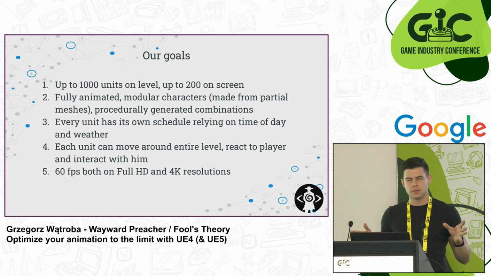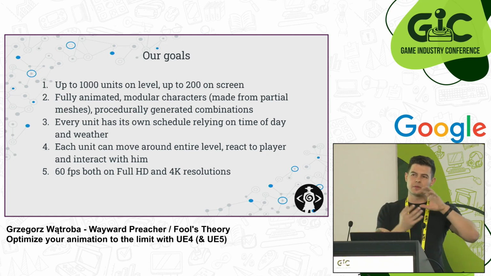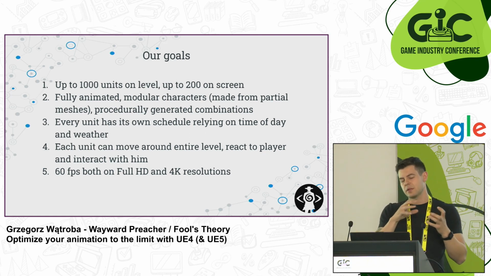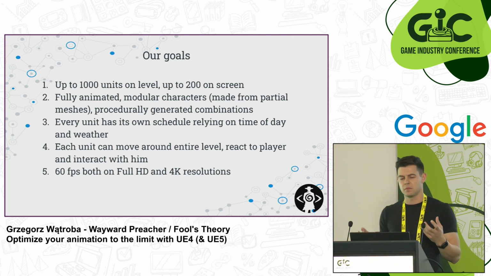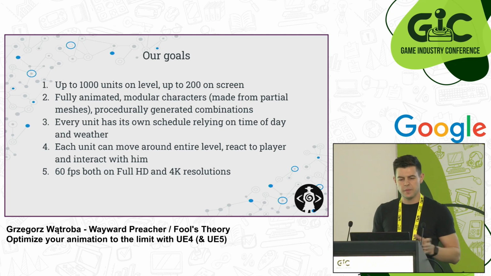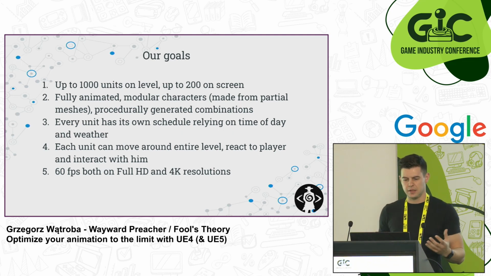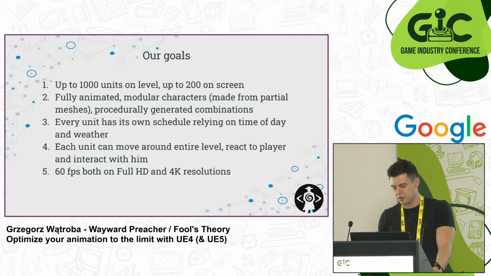They are modular characters, so they consist of many different skeletal meshes, and they are procedurally generated through some rules and algorithms, and every unit has its own schedule relying on the time of day and weather. Each unit can move around the entire city, react to the player and interact with him. Of course, we aim for 60 FPS on both Full HD and 4K resolutions.